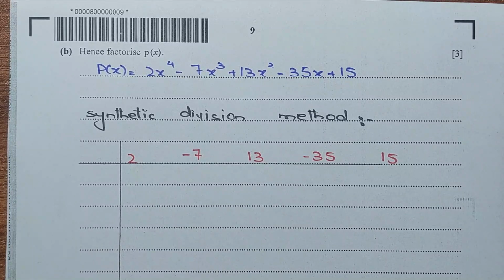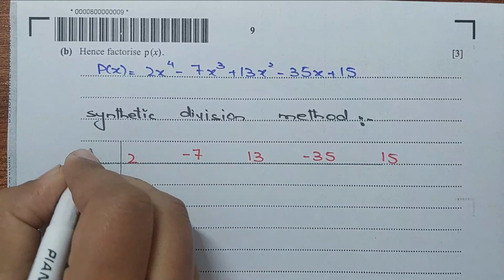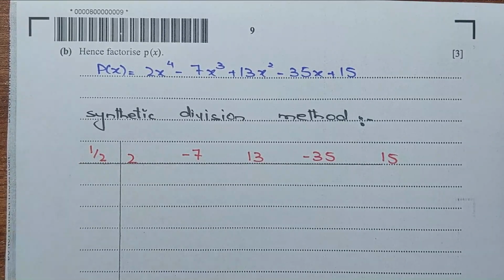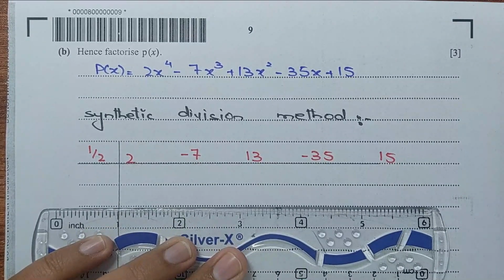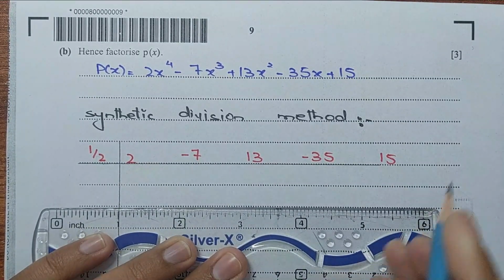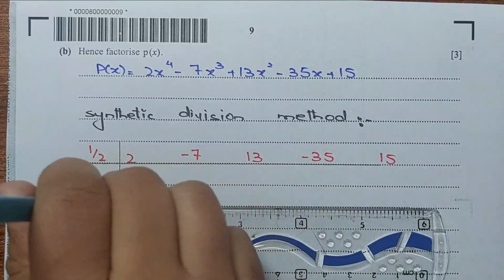And we are given that 1 by 2 is a factor, so use 1 by 2. In this method, we need to reduce the power to cubic.